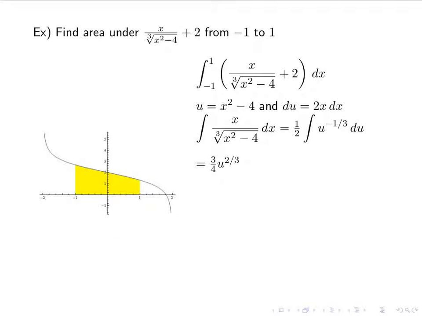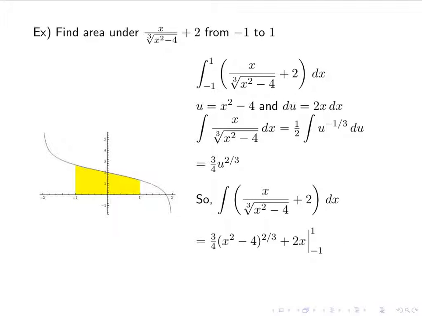So that is then 3/4 u to the 2/3 after integrating. So putting it all together, we have 3/4 (x squared minus 4) to the 2/3 plus 2x when we integrate the 2. And then everything is from negative 1 to 1.